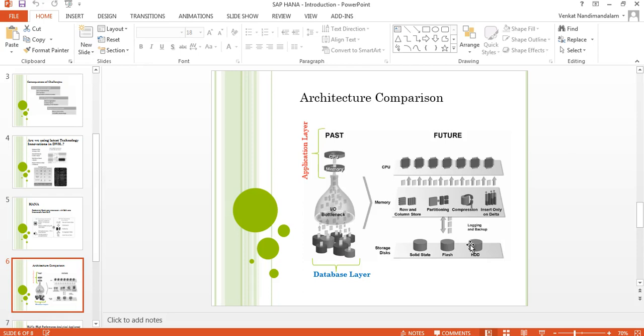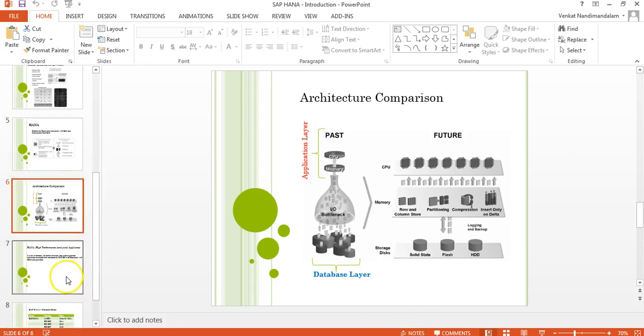You cannot go back to the source every time the power goes off to load the data again. You need a data backup from where you can quickly copy data into your main memory. We'll talk about these topics in the architecture session, where I'll explain the different components we have in the HANA database and how those components function.